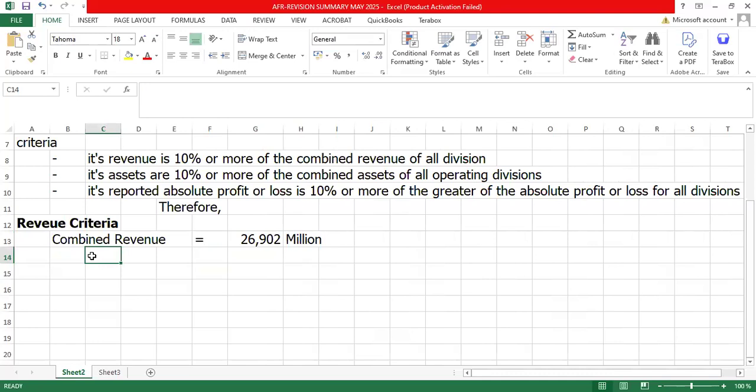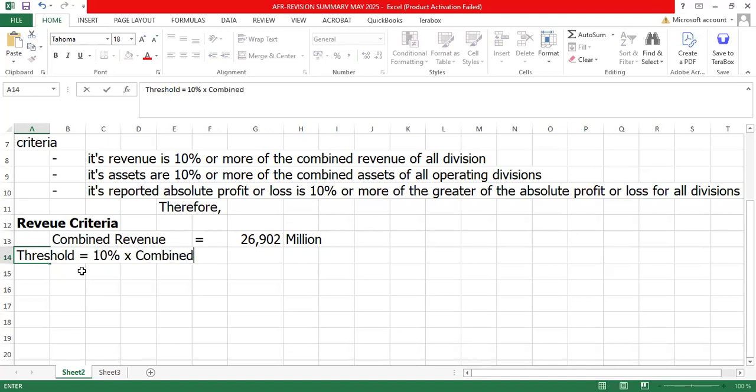Then out of this combined revenue, you can test the 10%. From this, you can say therefore, the threshold is equal to 10% times the combined revenue.